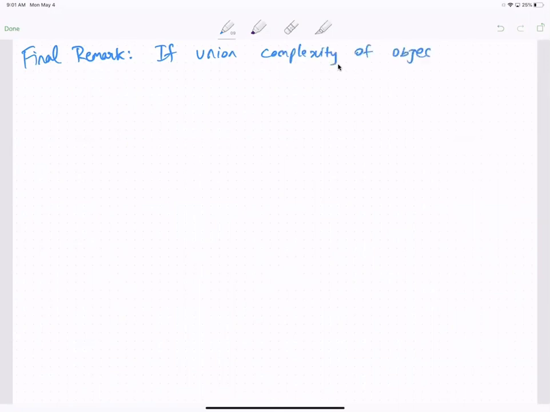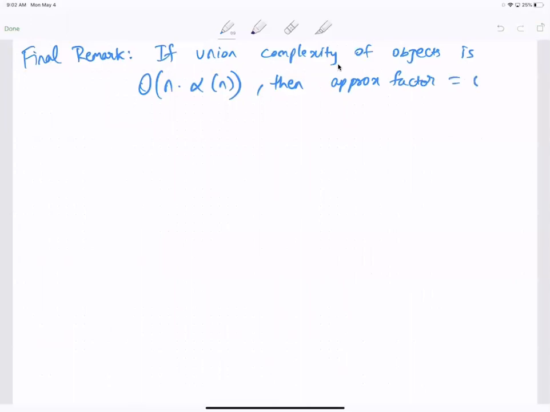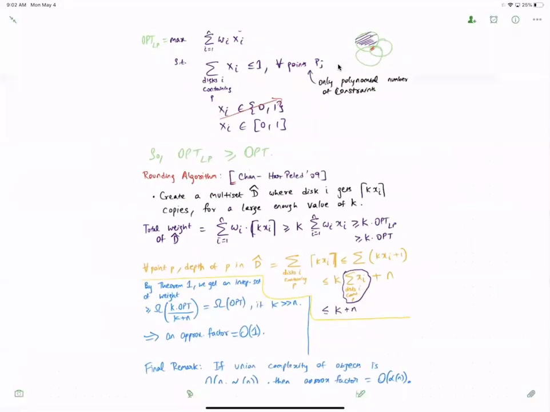In general, the union complexity of your objects is n times alpha of n. In our case, alpha of n was 1 for disks. Then you can use the same technique that we used today and get an approximation factor of alpha of n. That's not very difficult to see if you just go through the things again.